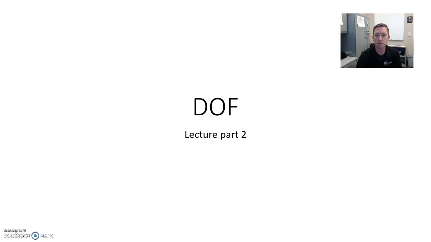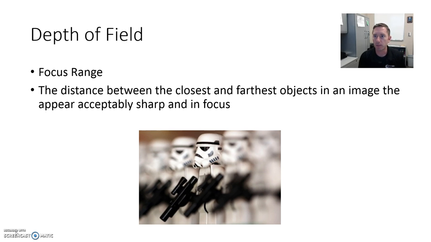All right, and this is part 2 for this week's lecture series for our 3 cardinal rules. And this cardinal rule has to do with what's called depth of field, which we in the photography area shorten down to DOF. If you are not familiar, depth of field is an issue that happens with focus range.